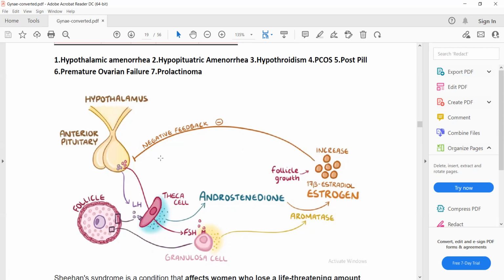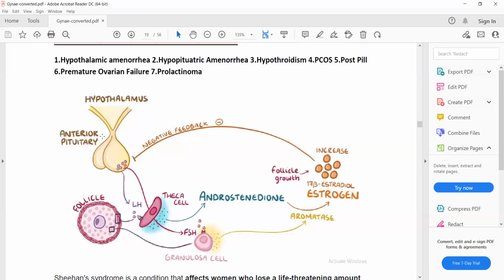So this positive feedback will really lead to an increased production of LH and FSH. That's how we can differentiate if the problem is in the ovary or if the problem is in the pituitary. So in short, remember two lines.